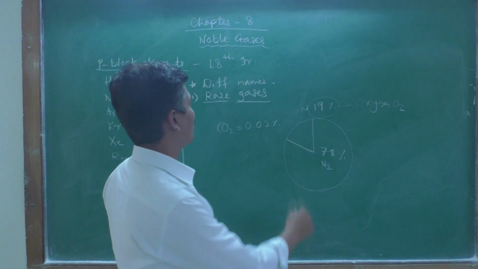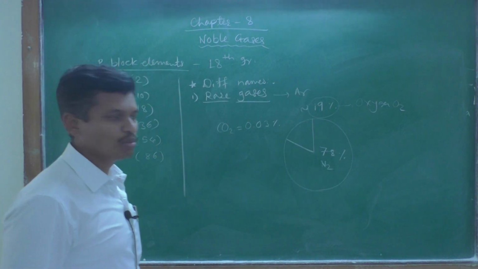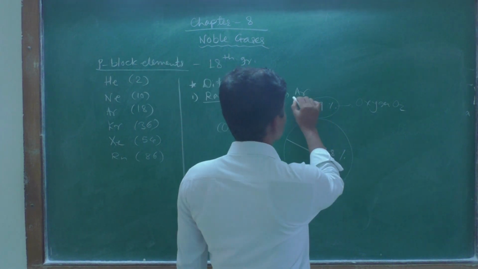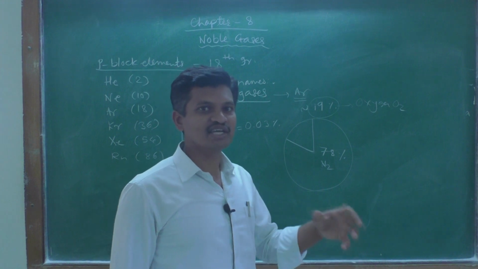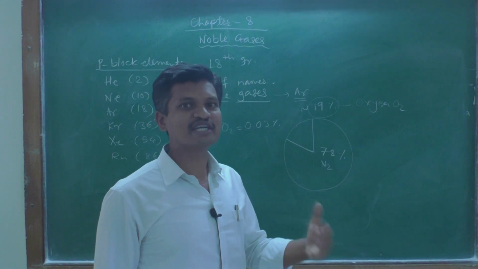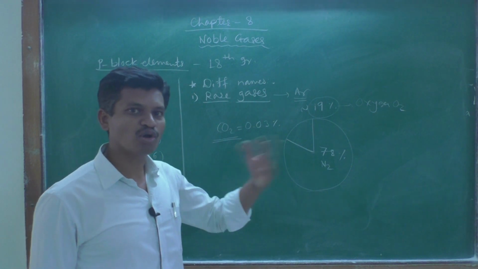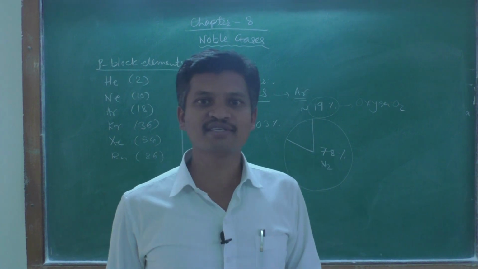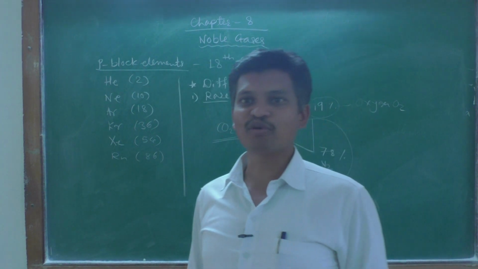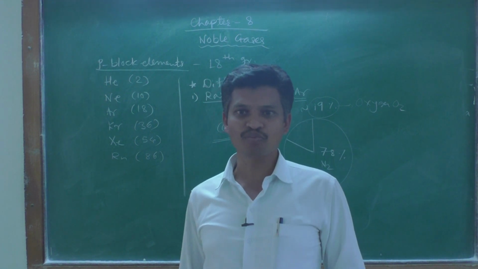But the argon gas, which is one of the noble gases or 18 group elements, exists in the atmosphere in a percentage more than that of CO2. Now, if argon's proportion in the atmosphere is more than CO2, we cannot say CO2 is a rare gas.